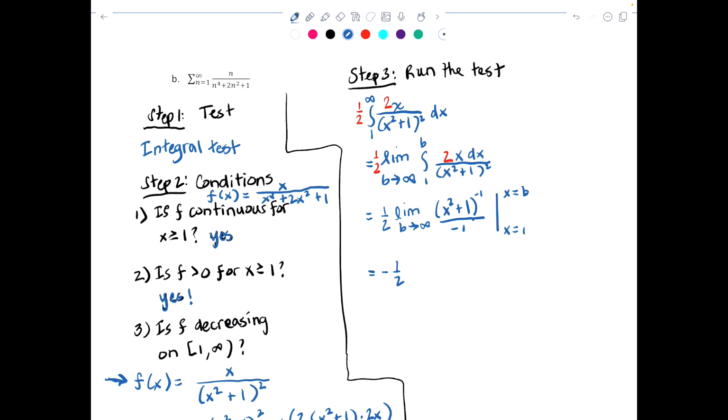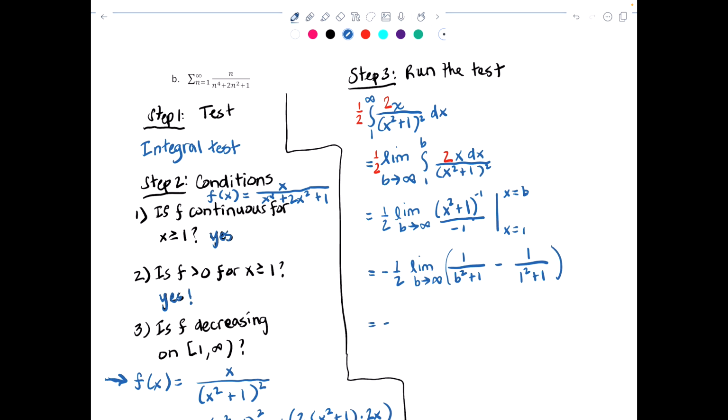We'll have -1/2 times the limit as b approaches infinity of 1 over b squared plus 1, minus 1 over 1 squared plus 1.